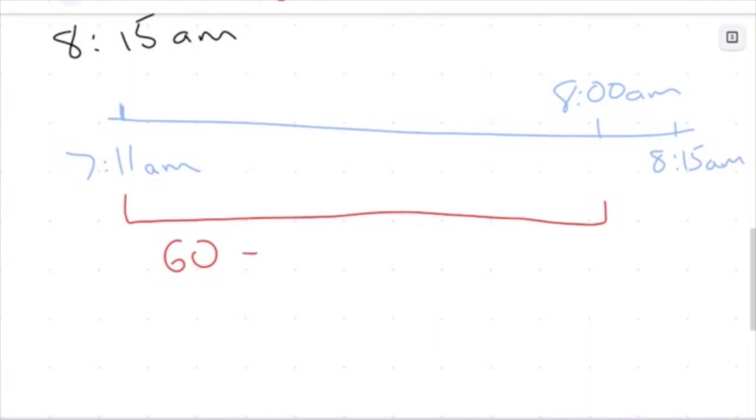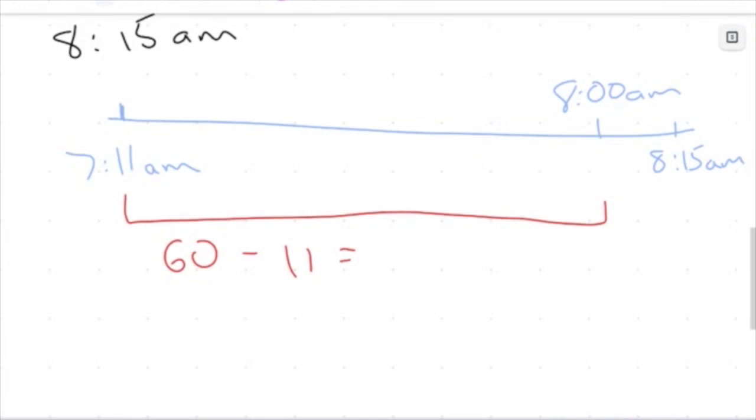So I can find this interval by minusing 11 from 60. Because we can think of 8 a.m. as 7:60, right? But we don't say 7:60 because there's 60 minutes in an hour. So instead of saying 7 hours, 60 minutes, I can just say 8 a.m. So this 60 just represents the ticking over to the next hour.